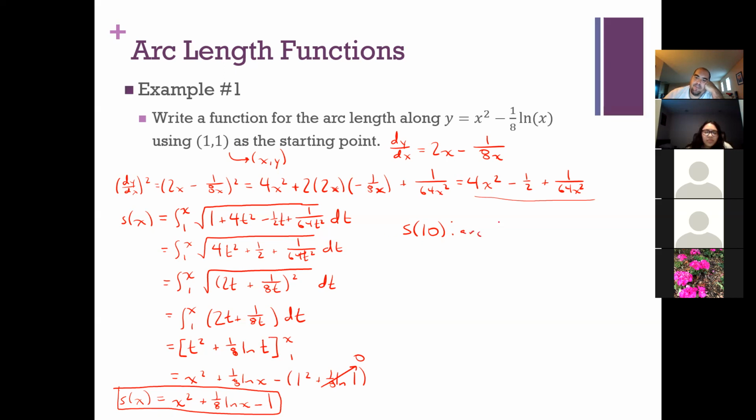Yep, that's basically it. So the arc length over the x interval 1 to 10. And what I did not want to get lost is that what's really baked into this function is that we're starting with an x value of 1.